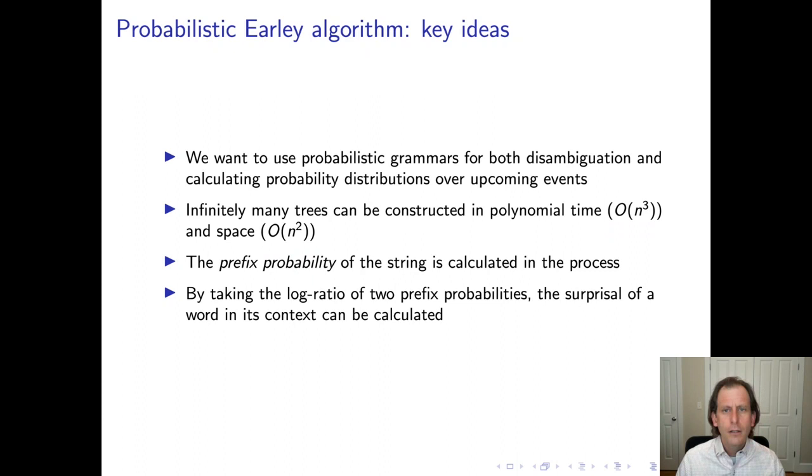But in the spirit of rational analysis, we're going to start off with this model because this is a model that captures normative probabilistic inference under a probabilistic grammatical model. And we're going to make minimal computational assumptions.